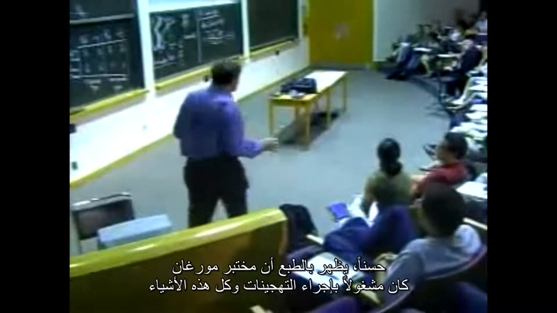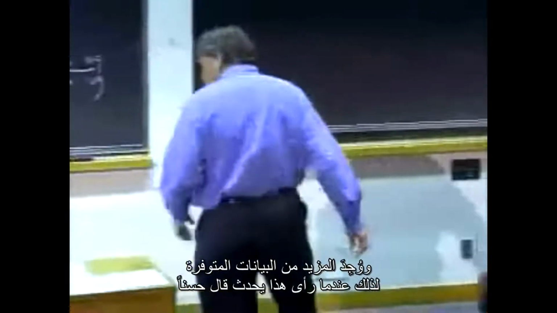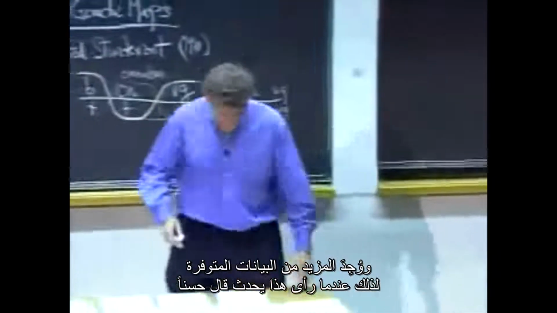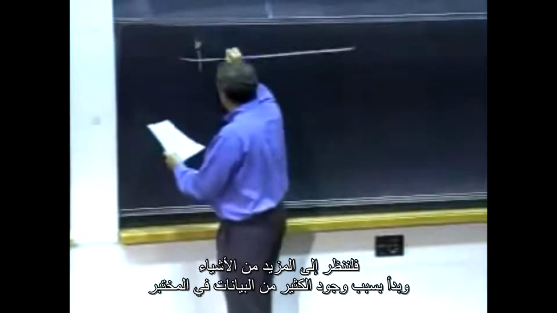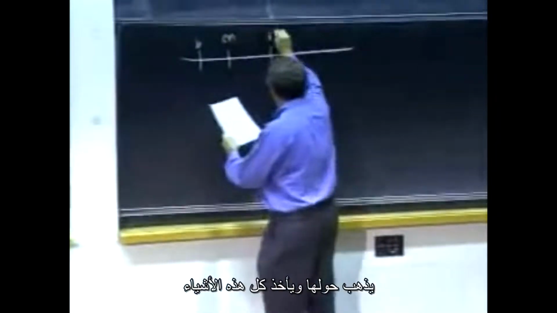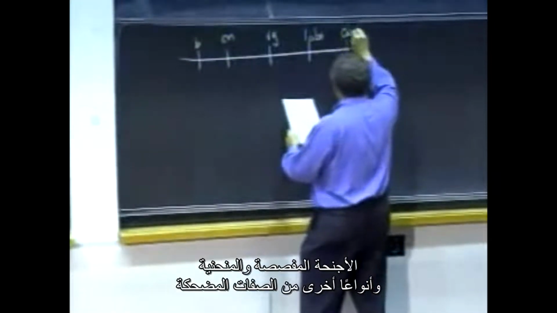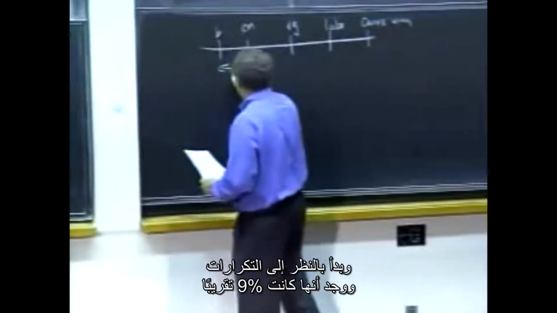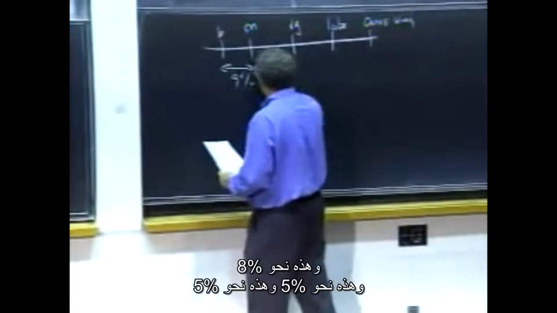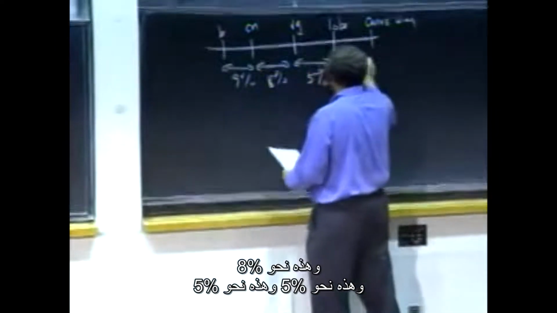Well, it turns out that, of course, Morgan's lab had been busily making crosses and all this kind of stuff, and there was more data available. So when he saw this happening, he said, all right, let's look at some more things. And because there's so much data from the lab, he went around taking all this stuff, lobe and curved wing and other kinds of funny traits, and he began looking at frequencies, and he found this was about 9%, and this was about 8%, and he found this was about 5%, and this was about 5%.